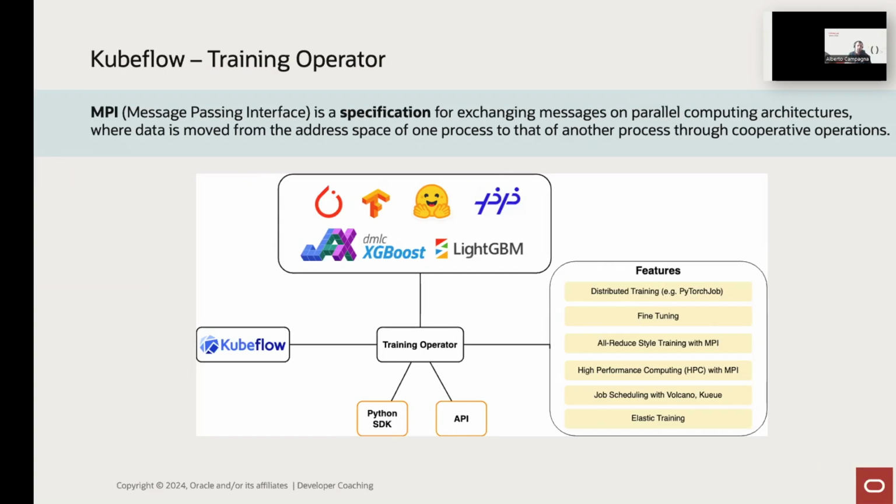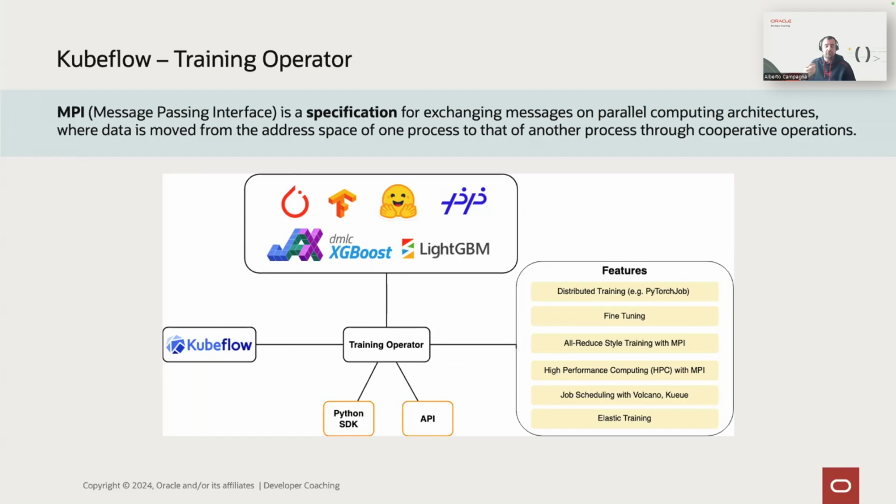So again, we go back to distributed training and the first slides I presented. This operator helps you define MPI jobs in Kubernetes so that they are orchestrated and you can run Allreduce-style training with MPI.